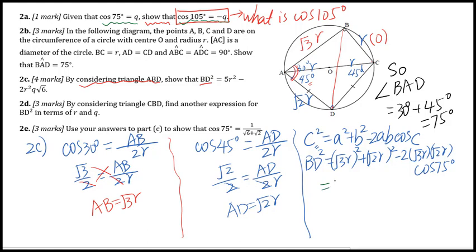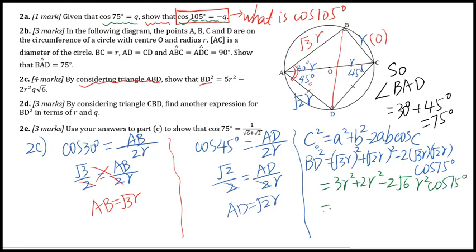Let's simplify. You will have 3r squared plus 2r squared minus 2 square root of 6, square root of 3 times square root of 2, that's square root of 6, r squared, cosine 75 degrees.